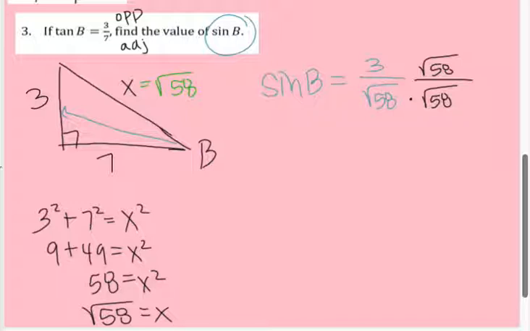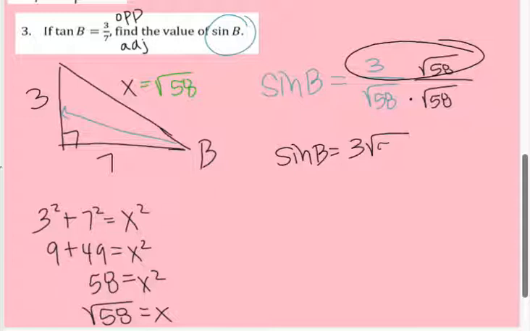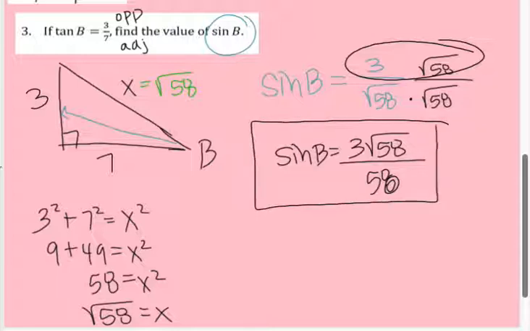You can multiply anything by 1 and it will not change. And so if I simplify, I would have 3 times the square root of 58, and the square root of 58 times the square root of 58 will give you 58. So there it is, all simplified. There is my sine of B.